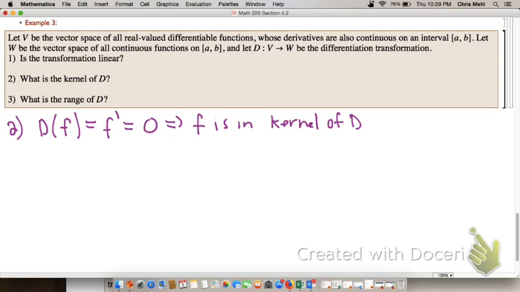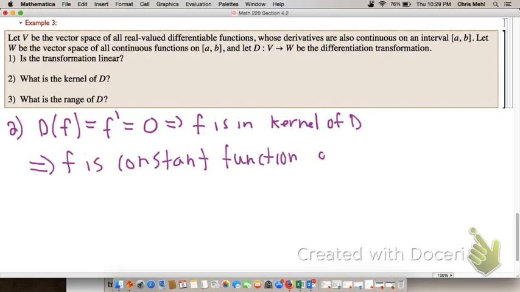And we know from a calculus theorem that if the derivative is 0, that means f has to be a constant function on the interval AB. So that just tells me that the kernel of D is a subset of all constant functions on the closed interval from A to B.